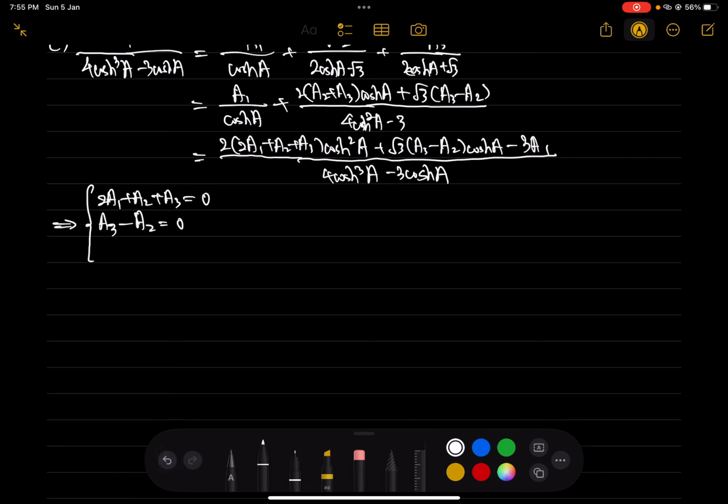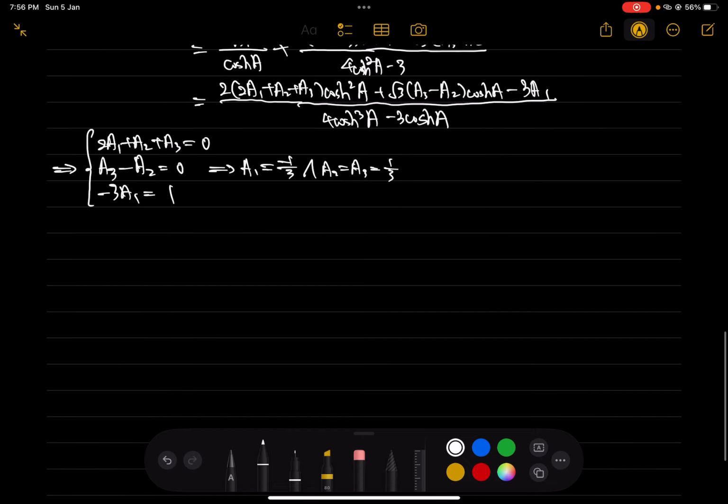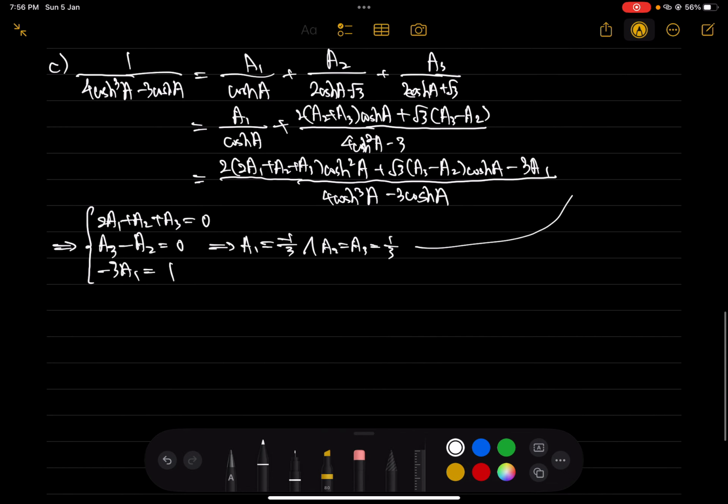That's also 0. And this is 1. So we have 3 and a2 equals a3, which equals a1's negative 1 over 3. So that's negative 2 over 3, 2 over 3 divided by 2, that's 1 over 3. So we have done partial fractions, and now we could put all of these back in here.